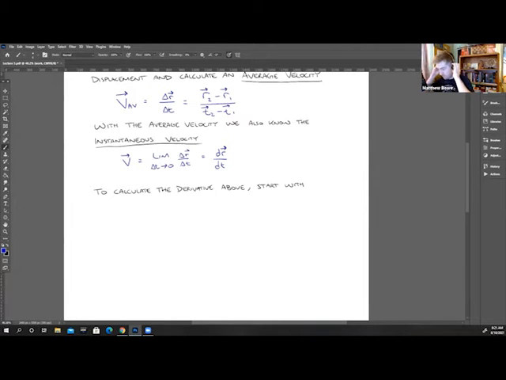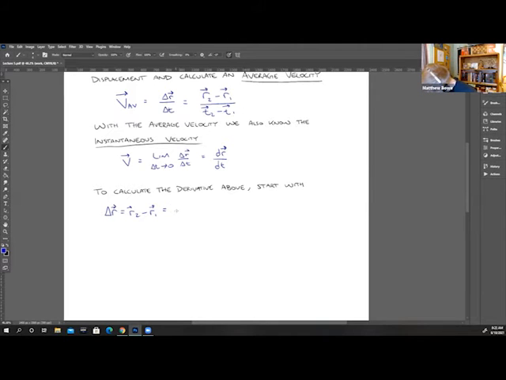So first off, we need to figure out what dr is. So let's start with the displacement vector, R2 minus R1. Let's do it out in full before I go to this step.